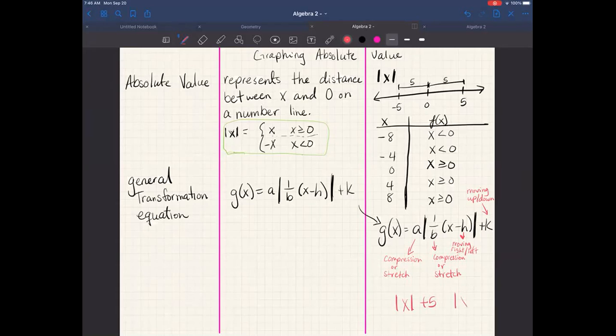Or x plus 5 here, that means I move to the left 5, right? So this equation is simple because you can kind of look at it and see, based on your original parent function and your transformation, you can pick out, okay, here's a stretch or compression. Here's a change in the right or the left. Here's up and down. It kind of gives you a guideline for what you're looking for in your transformation.